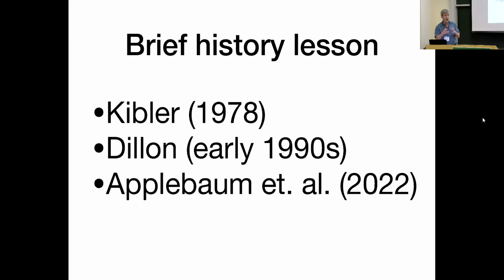Okay? That was great just for getting your hands dirty and seeing what was going on. Dillon in the early 90s and lots of other people were involved with this, went up to the groups of order 64, applying the things that we're talking about here. And then, as Jonathan was talking about, Taylor Applebaum and the 8-author paper did groups of order 256 with some new insights.